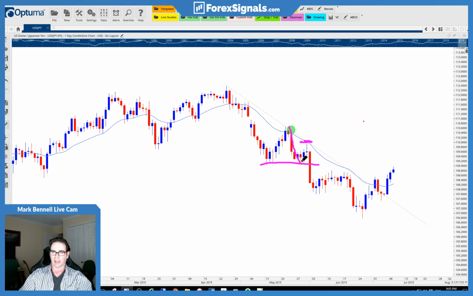So we've got the pullback here, push up here. I'm expecting that this is going to be defended. Now, when this starts to push through, we've got this big candle, I can either bring my stop to the high of that candle or above the breakout area. That's another way that I use, another trailing stop.